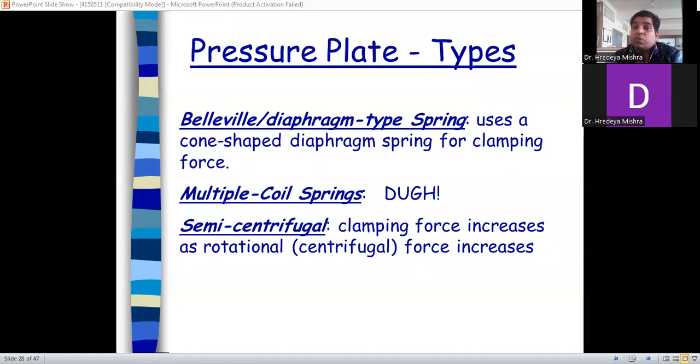When the speed is high, this force is high. When the speed is low, the centrifugal force is also reduced. So centrifugal force is totally dependent on the velocity of the system.